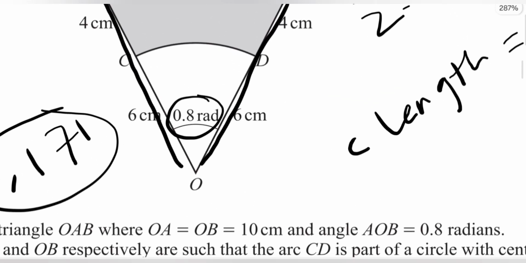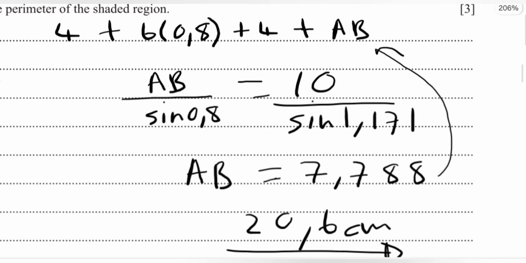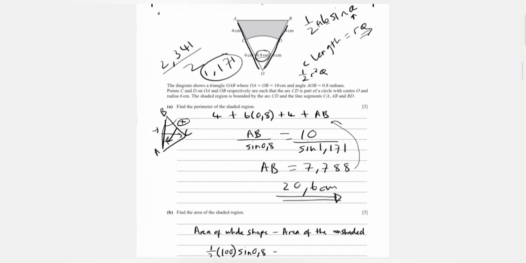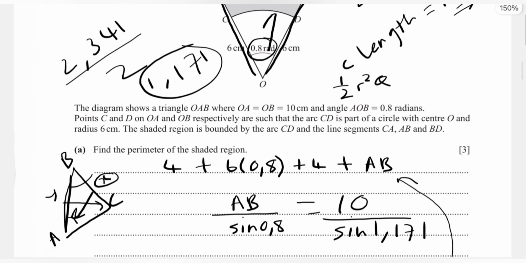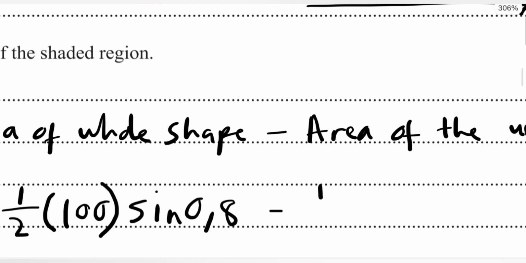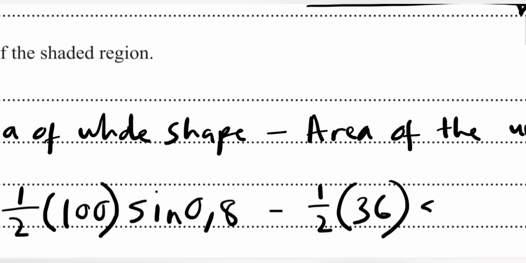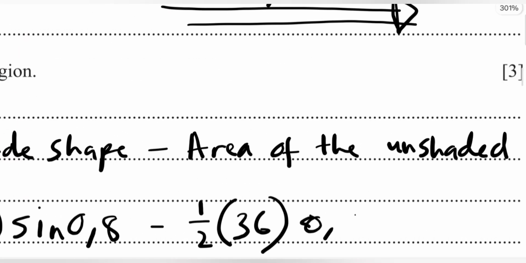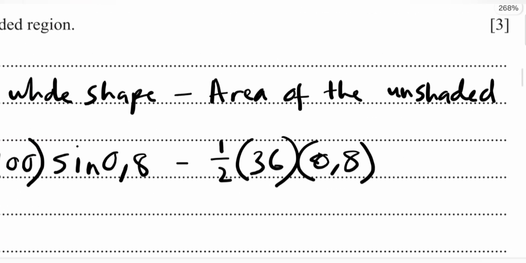So this is area of a sector, which is half r squared theta, like that, right? And we know our r is 6 for this small sector right here, so that will be our half 6 squared, that's 36, and our theta is 0.8, right?